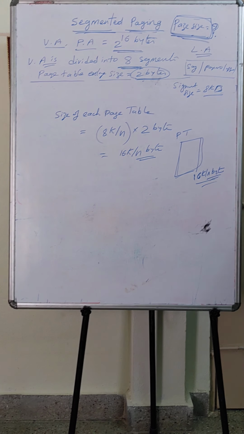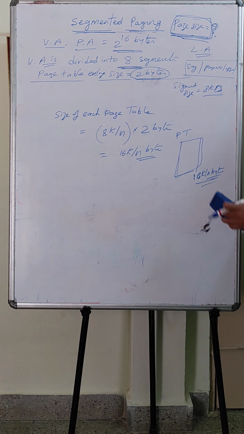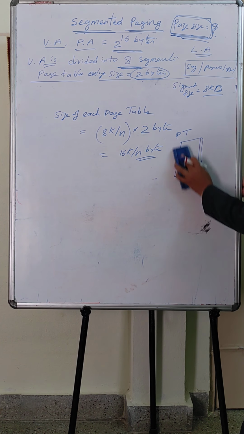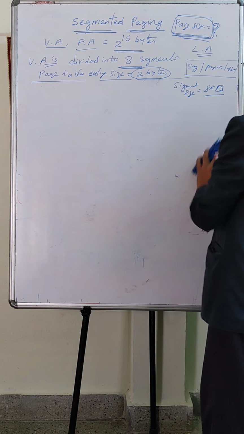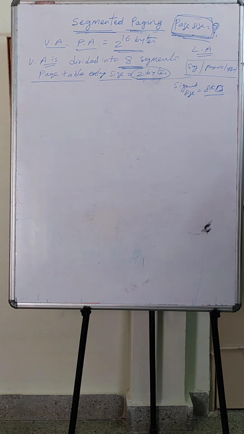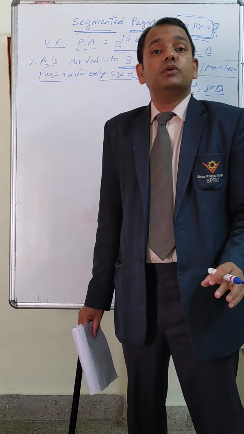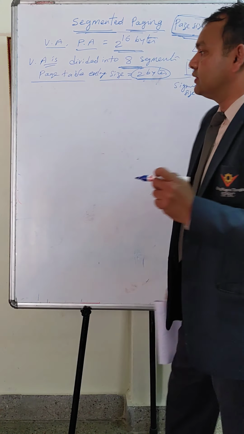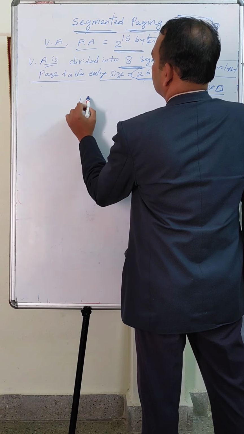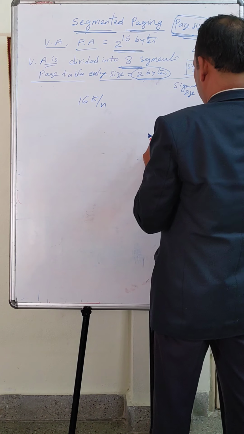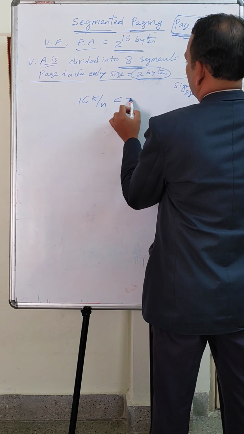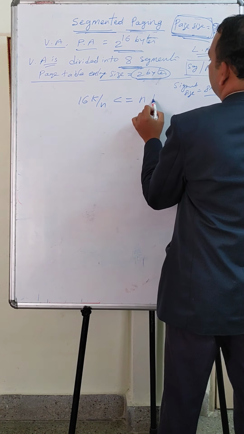Now, the question is, the page table size should be less than or equal to the page size. Now the page table is 16K by n, which should be less than or equal to n bytes.